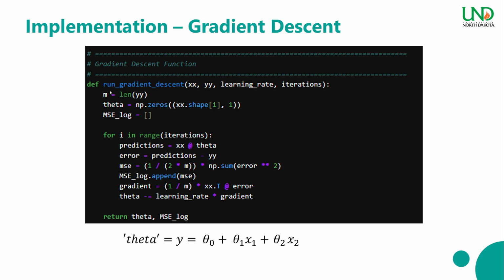So we start off by doing the initialization. Theta is initialized as a 0 vector, and then I also initialize the MSE log file, which isn't a file, it's a list.